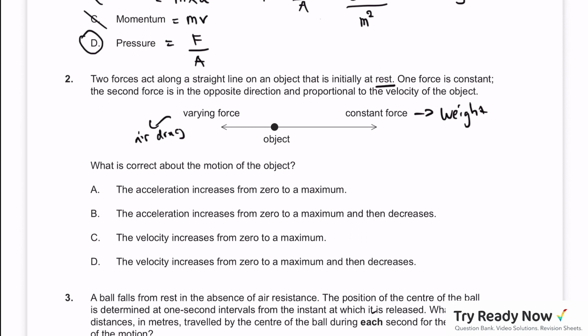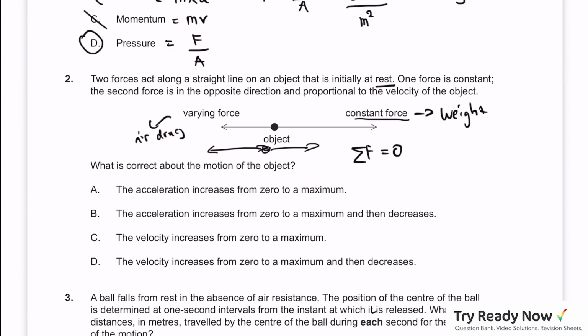So this means that eventually the object will start off at 0 and will reach a maximum speed where the velocity of this object is fast enough that the varying force is the same magnitude as the constant force. And this means when both forces are equal and in opposite directions, the net force is equal to 0.